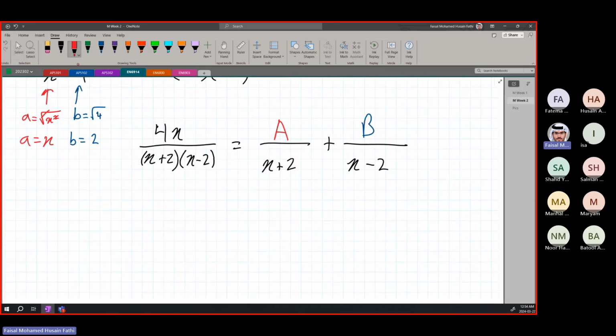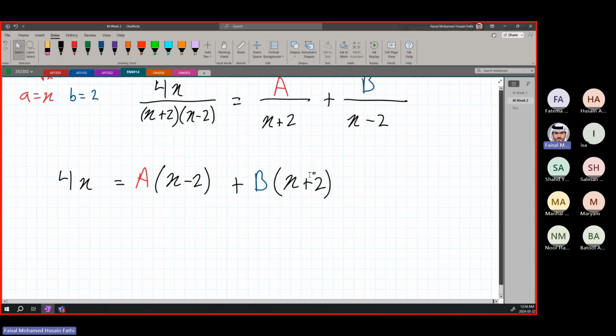Again, if you multiply everything by the denominator, you will be left with 4x is equal to a times x minus 2, since x plus 2 will cancel with x plus 2, plus b into x plus 2, since x minus 2 will cancel with x minus 2. Okay?